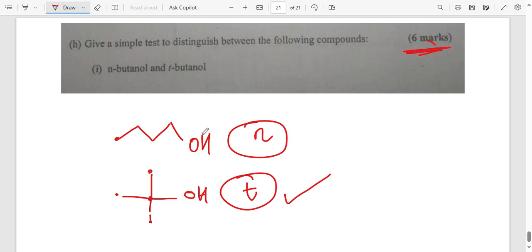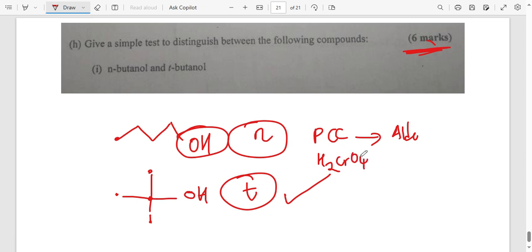So oxidation of this primary alcohol with PCC is going to give you an aldehyde. Oxidation of this same primary alcohol with either chromic acid or hydrogen peroxide, potassium permanganate or sodium permanganate, these are going to give you a carboxylic acid.